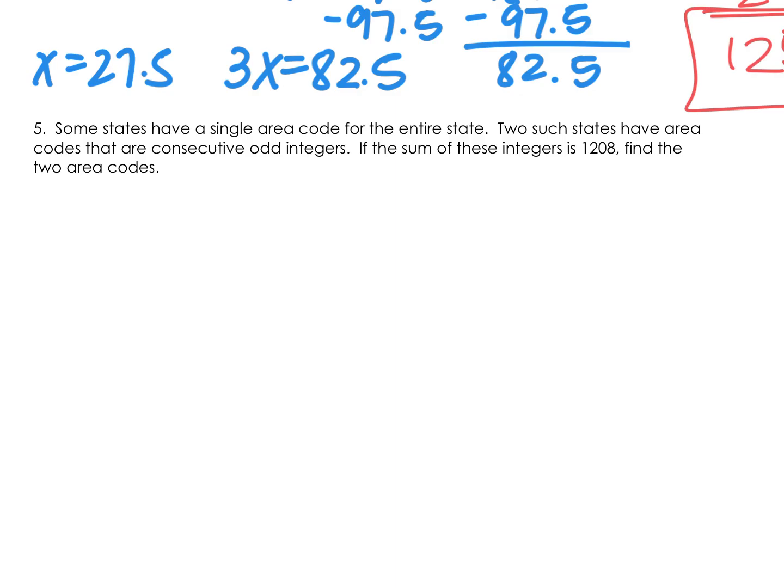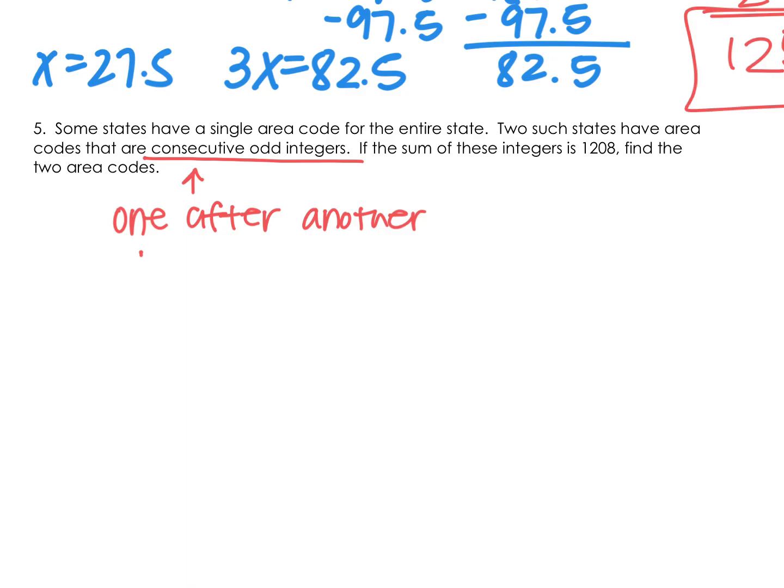So it says that 2 such states have area codes that are consecutive odd integers. So what does consecutive mean? In a row. I like to say one after another.